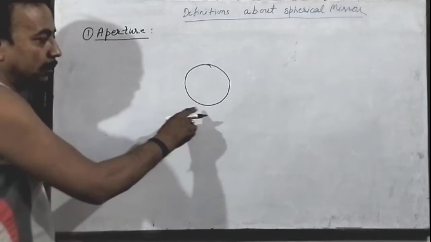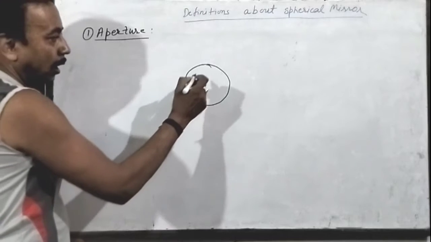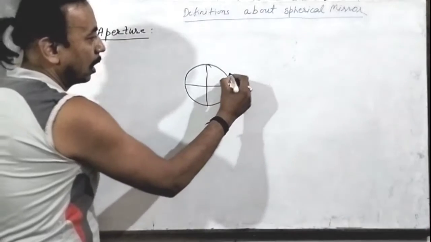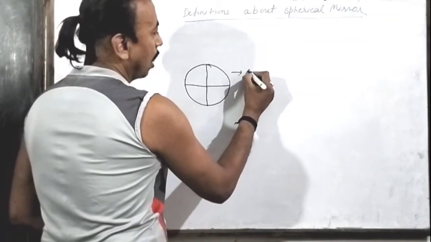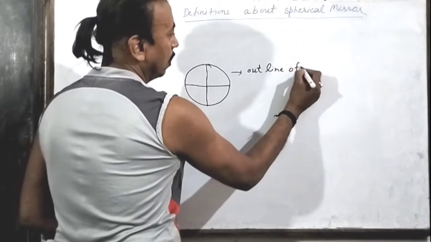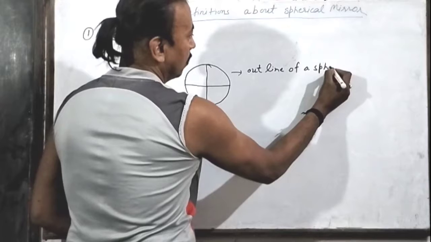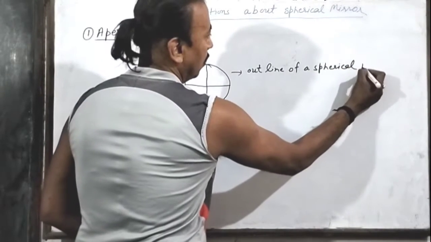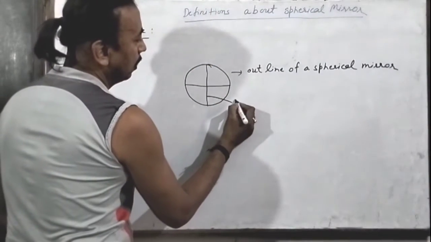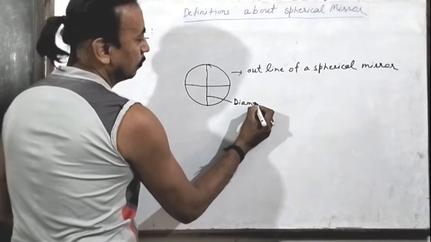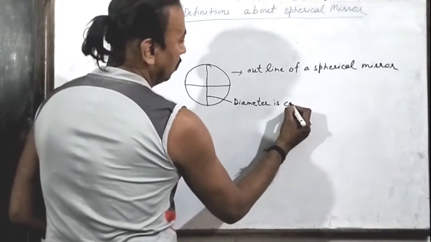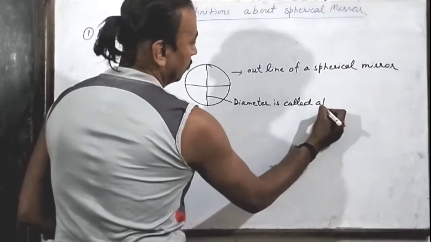For a spherical mirror, this outline will be circular, and the diameter of this circle is called the aperture of the mirror. This diameter is called aperture.